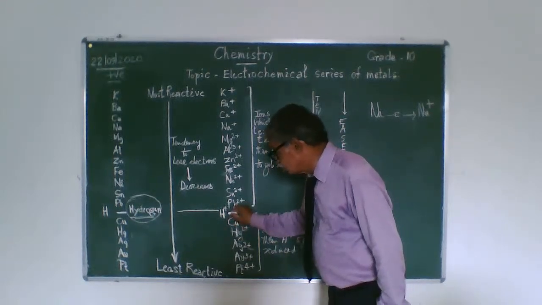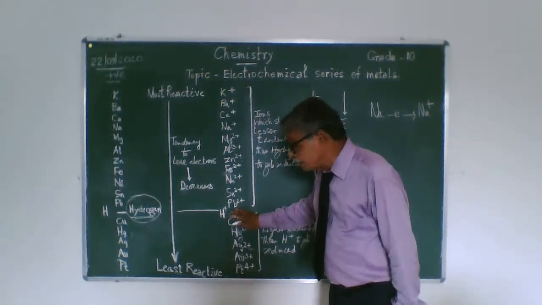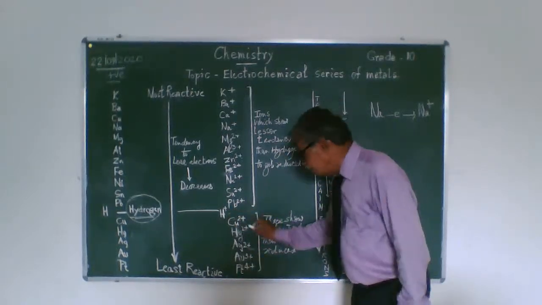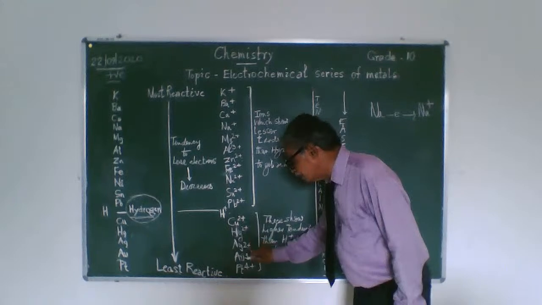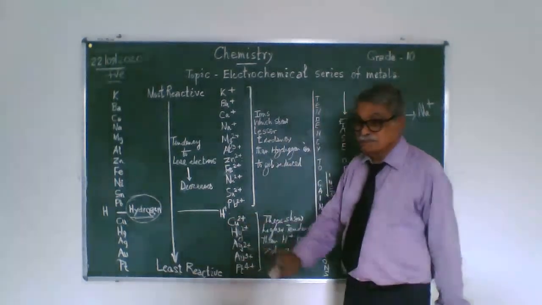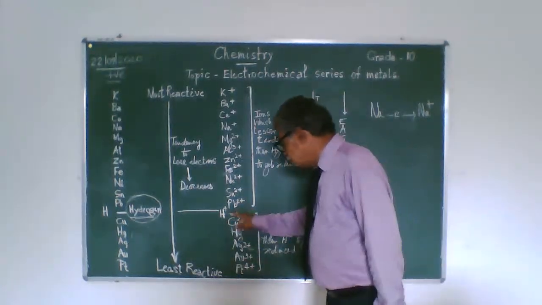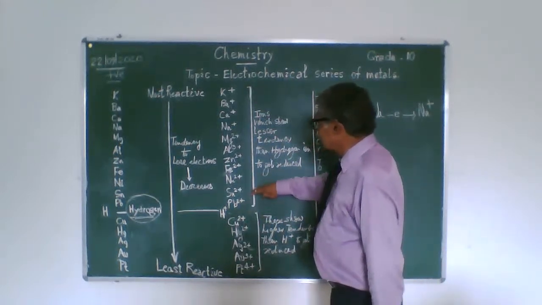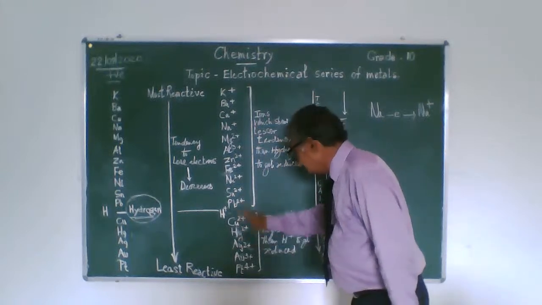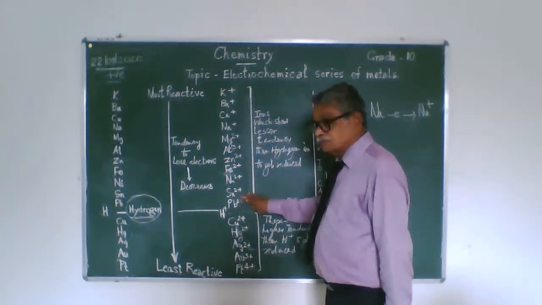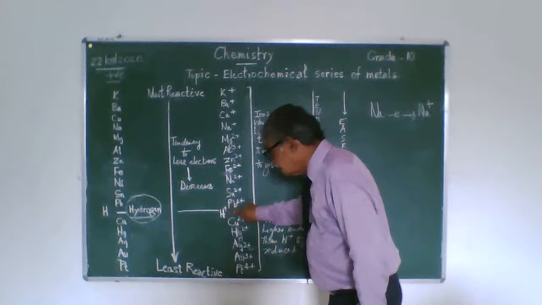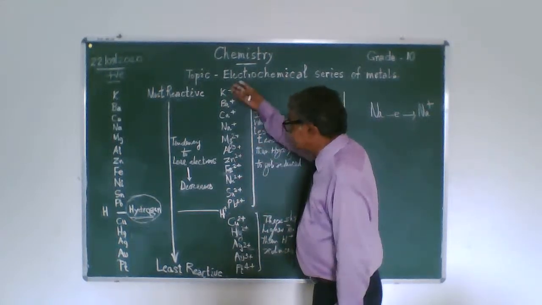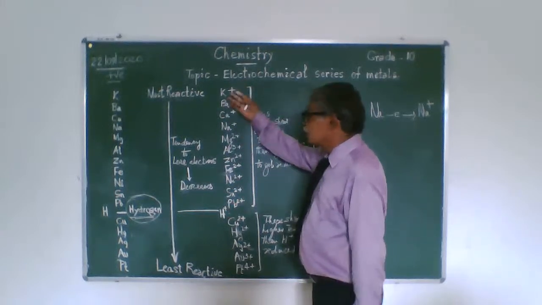And hydrogen also gets reduced, but hydrogen can get reduced much easier than copper, mercury, silver. That's why it has been placed in this position. Now these ions show lesser tendency than hydrogen to get reduced, or greater tendency than hydrogen to get oxidized.